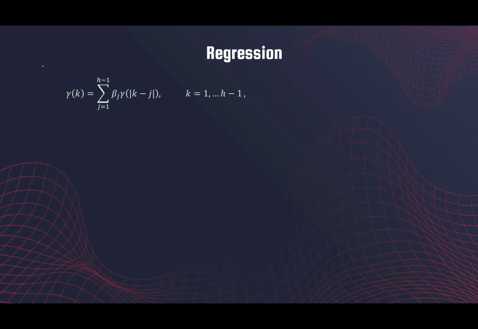So how do we actually solve for this? First of all, there is this absolute value of k minus j here. And we know that autocovariance at -1 and 1 is the same thing, so we can ignore this absolute value sign, nothing changes.